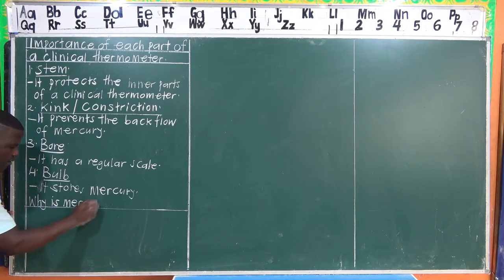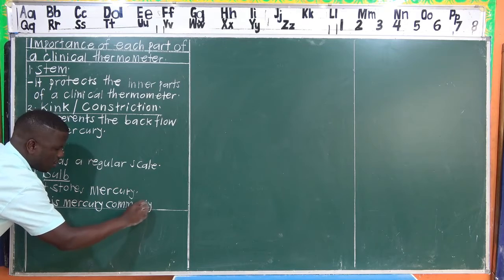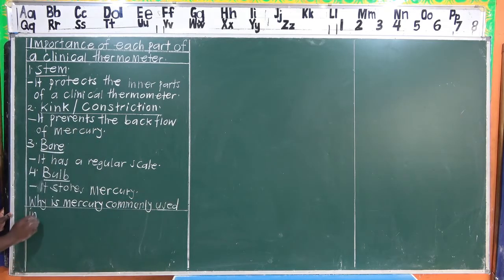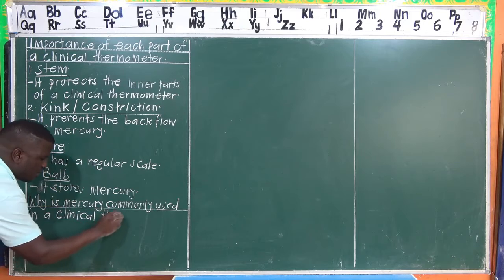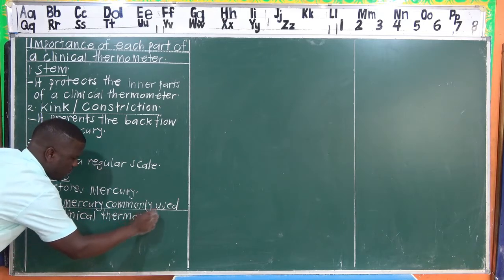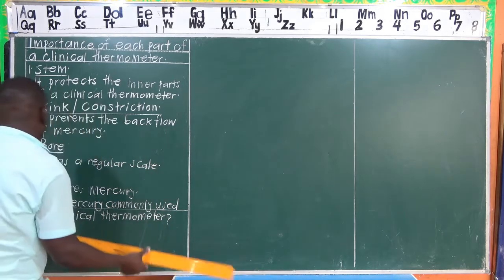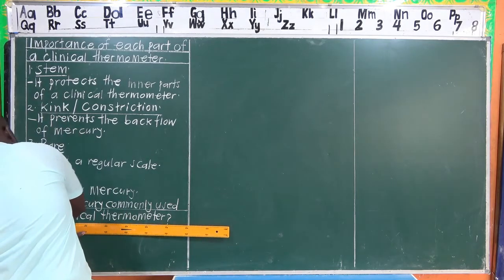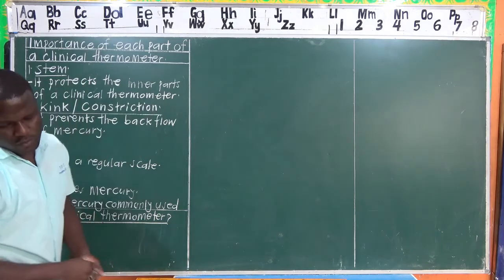So you find that in these clinical thermometers, we commonly use mercury. Why? It's because of the following.